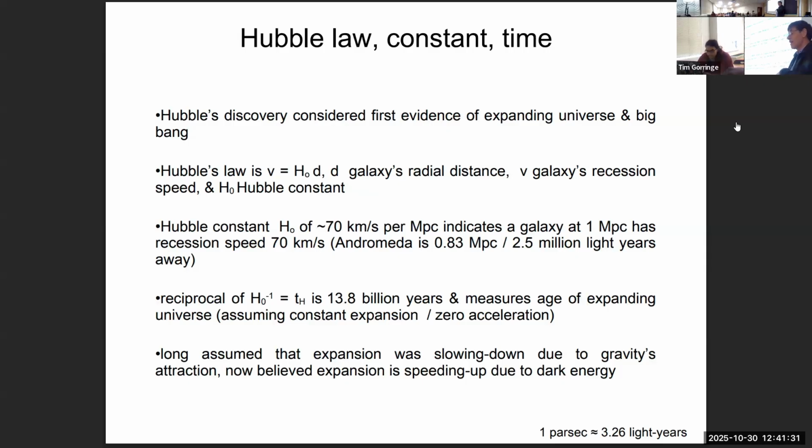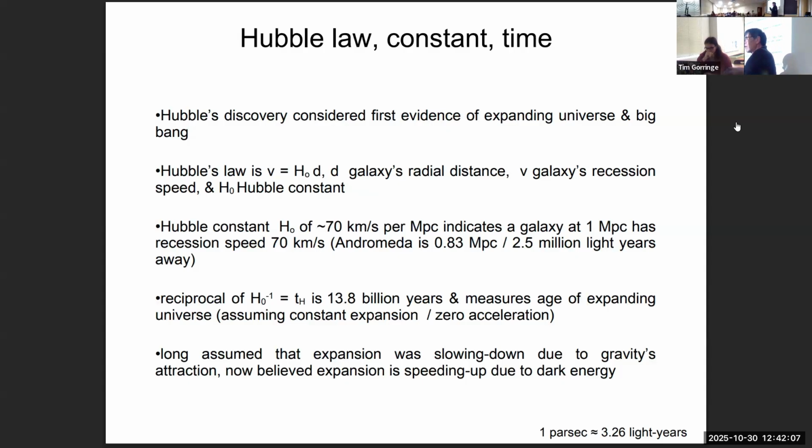If you're a galaxy at 10 megaparsecs from us, then we would see you receding at a velocity of 700 kilometers per second. So it's just reflecting how the recession velocity scales with the distance to the galaxy. Andromeda is about 1 megaparsec away from us, and so it is receding at about 70 kilometers a second from us.